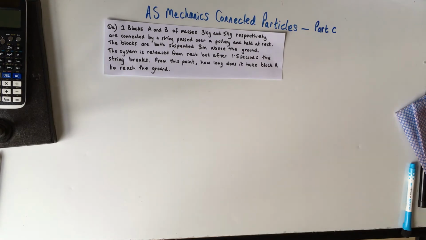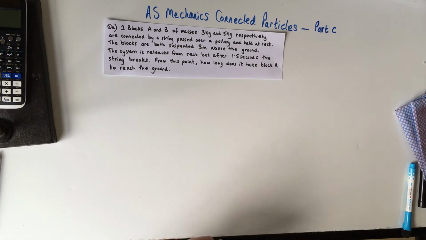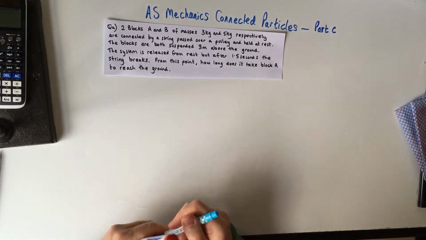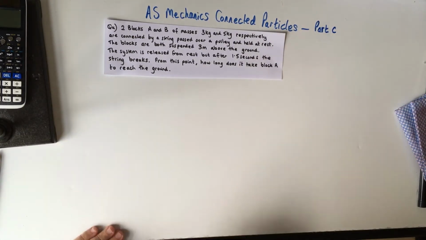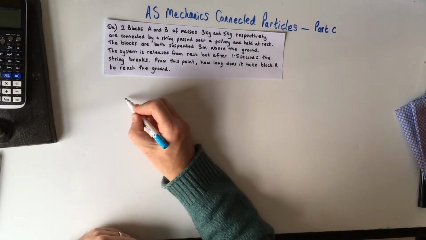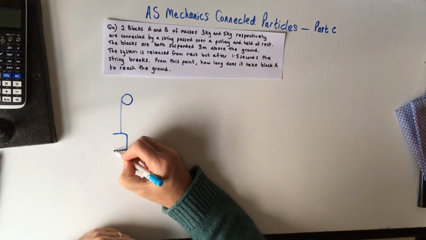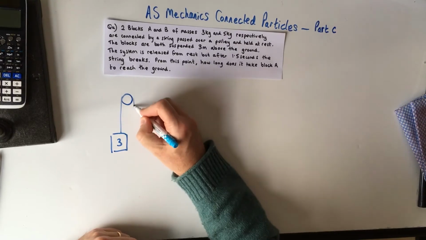Okay, right, well, I hope you've had a go at that, and now I'm going to go through that question with you. The first thing I'm going to do is what I said we do with all mechanics pulley questions: we always draw a diagram. 2 blocks A and B, 3 and 5.